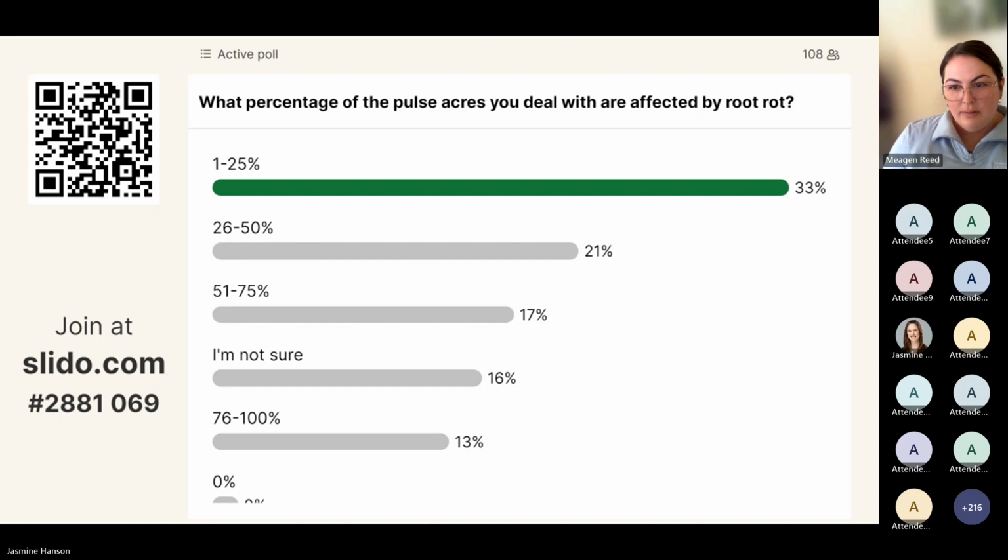If you haven't responded to this question, please do. These values haven't changed very much. Roughly 37% up to 25% of the acres. There's some that are not sure as well, but I think that's a fairly accurate representation.